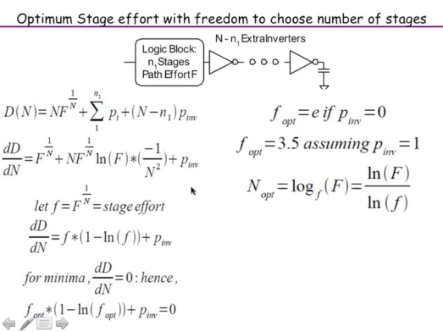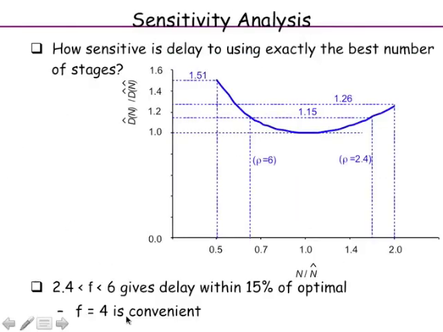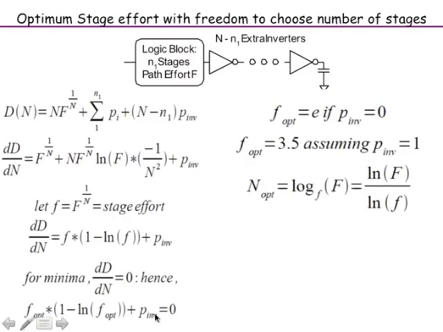So we replace F to the 1/n by the small f, and we know at the minimum dD by dn is equal to 0. That means at the optimum, f opt times 1 minus log f opt plus p in is equal to 0.